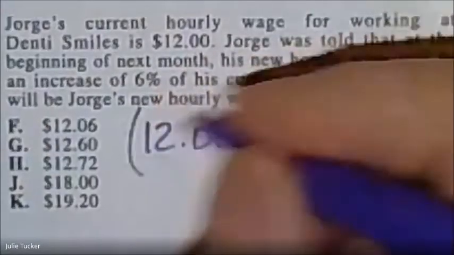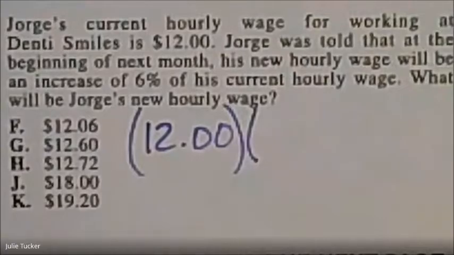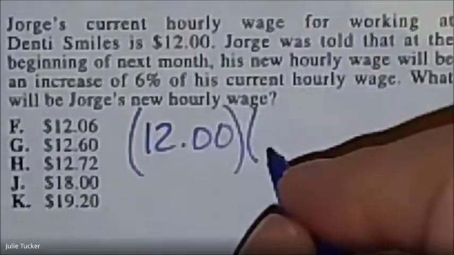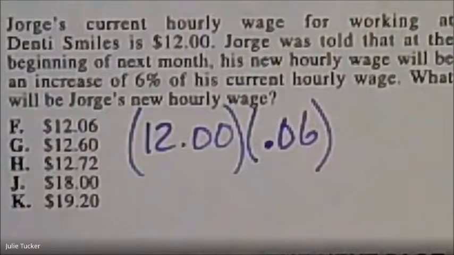Yes. So how do you show it's going up 6%? Do you remember? Okay. Multiply times what? 0.06. Good. Okay.